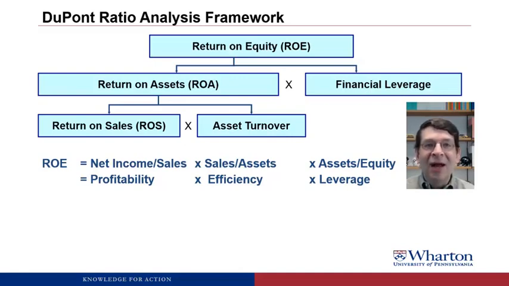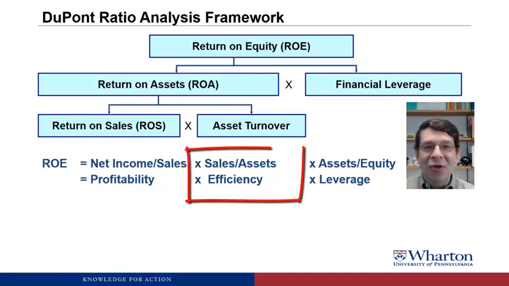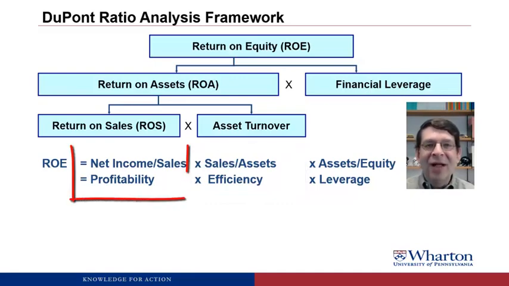They're spending a lot on assets, so their asset turnover, the amount of sales they get for each dollar of assets, is fairly low. But once they make a sale, their profitability tends to be very high, with high markup over cost. So in this segment, you want to compare the high-end retailers to other high-end retailers, and you look for any advantages they have in squeezing some extra profitability out of their operations in order to get a higher ROE.